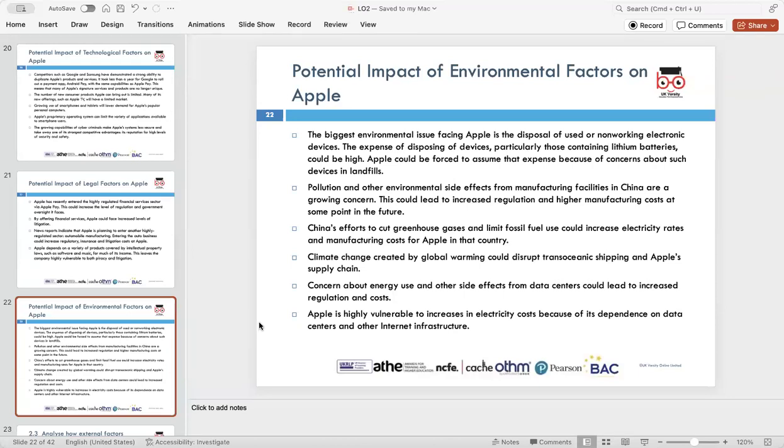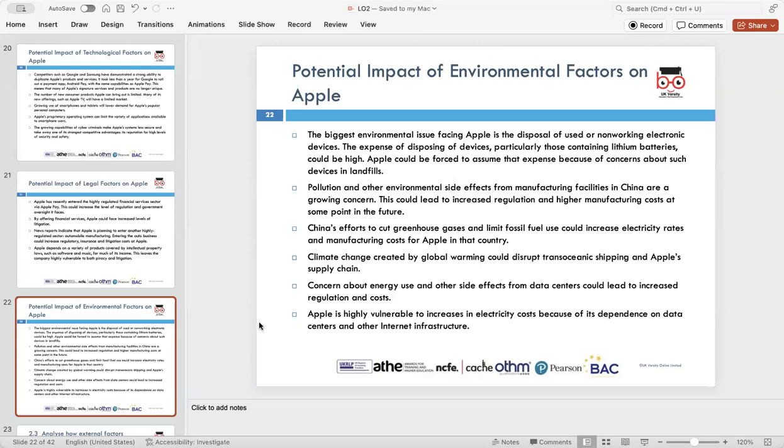There is a possibility that China's attempt to reduce greenhouse gases and restrict the utilization of fossil fuels could lead to an increase in the rates of energy and manufacturing prices for Apple in that particular country.